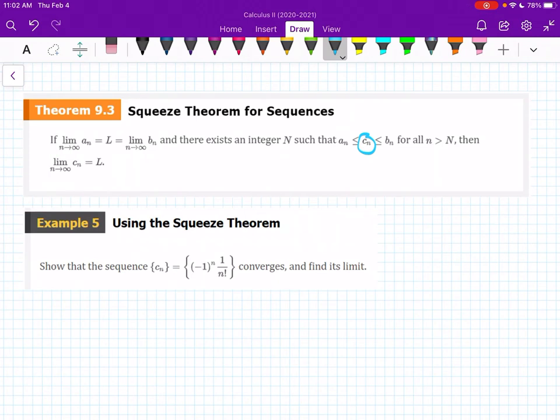Then I know that the limit of my sequence, c sub n, also has to be L because both a and b have the same limit and I'm always between them, okay?